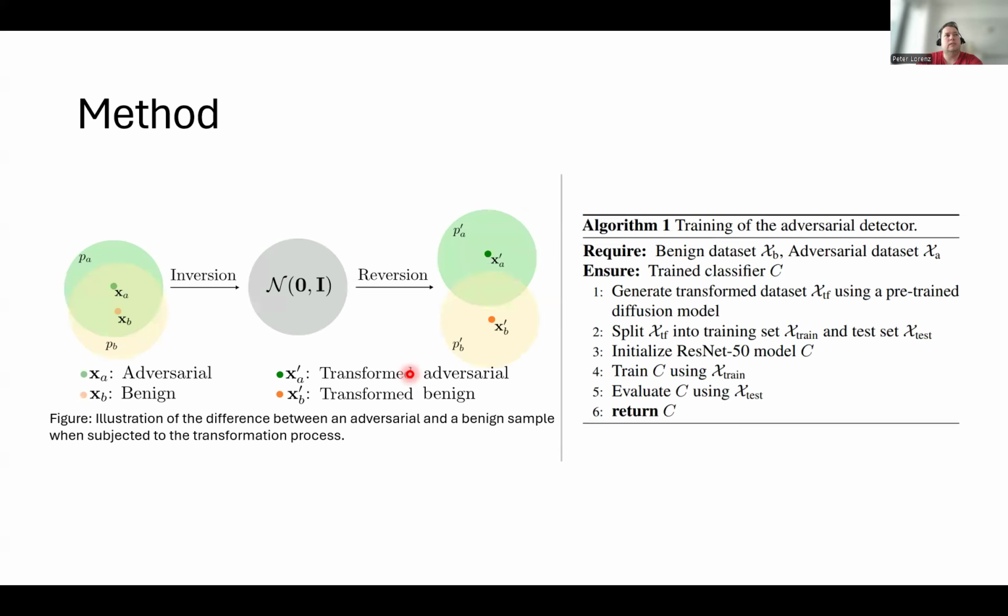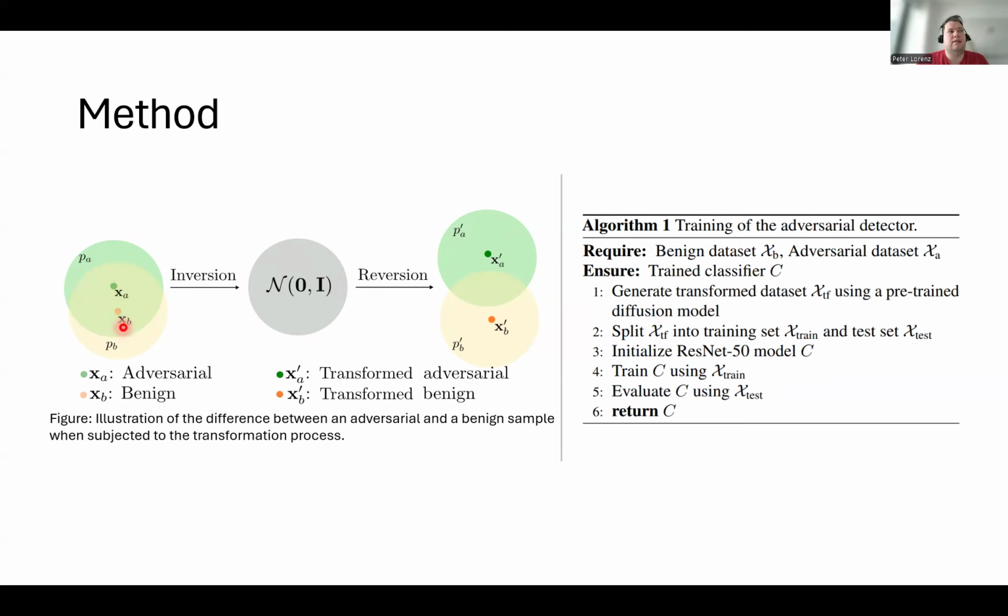Here is a high-level overview of our method. On the left-hand side, we can see the inversion, the Gaussian noise, and the reversion process, which is the standard procedure of the diffusion model architecture. Then as input, we have two data distributions.